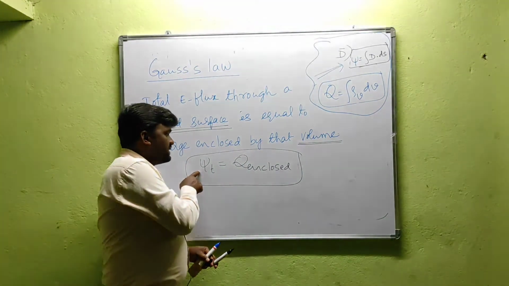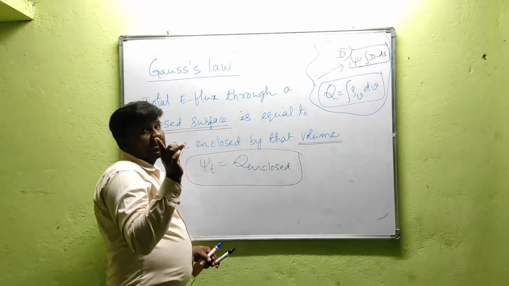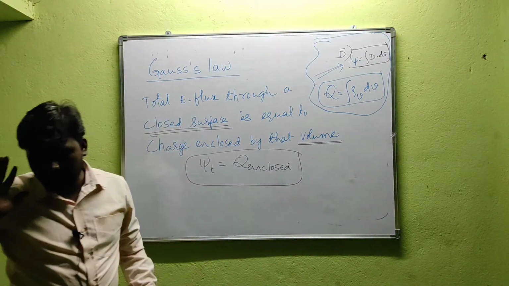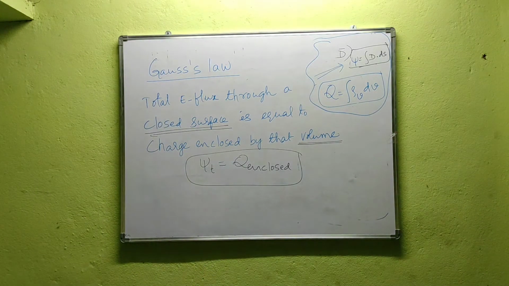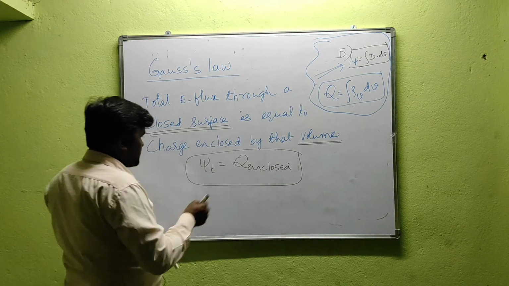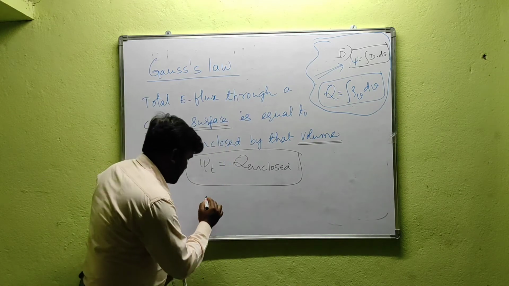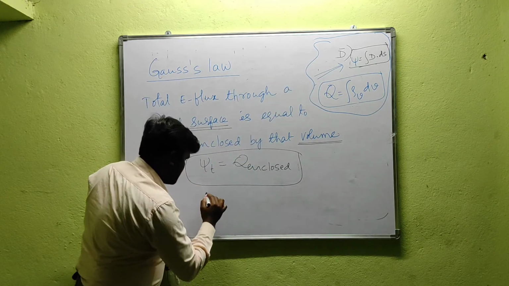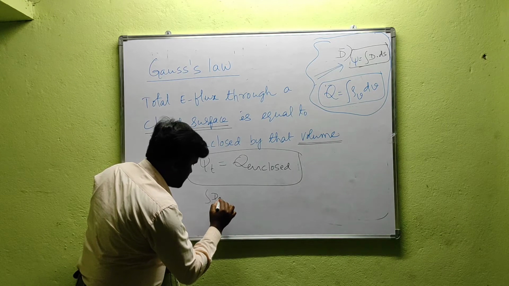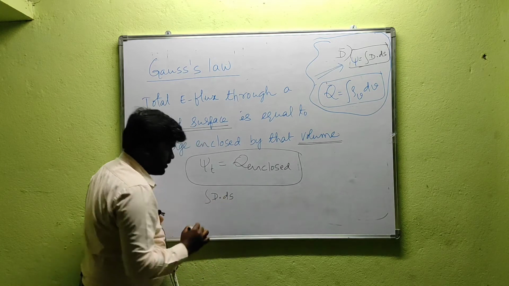Remember one thing, it is the flux through a closed surface. Now write down this flux in terms of the flux density. We have that expression, psi equal to integral D dot dS.